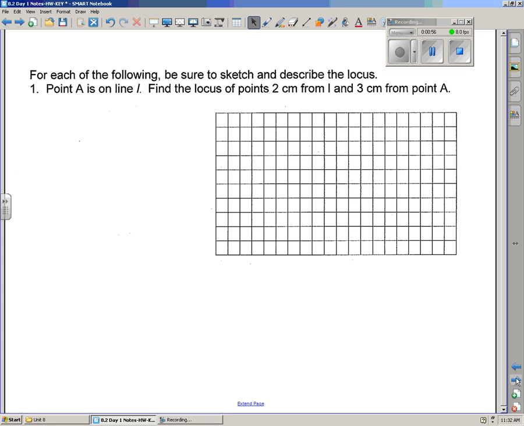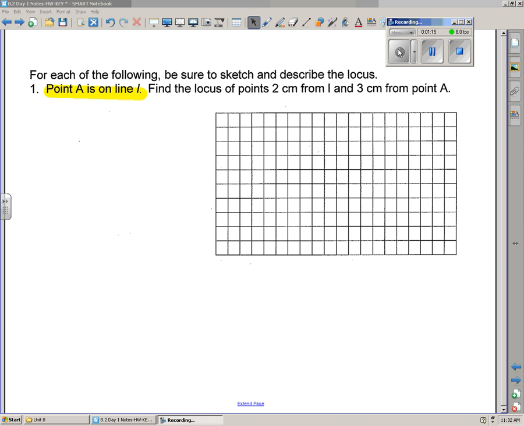So here's how it works. For each of the following, be sure to sketch and describe the locus. Point A is on line L. Find the locus of points 2 centimeters from L and 3 centimeters from point A. What's given to you should be written in solid.